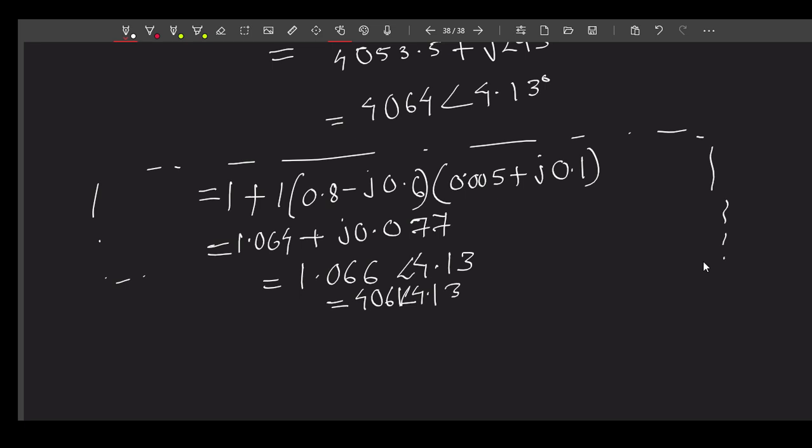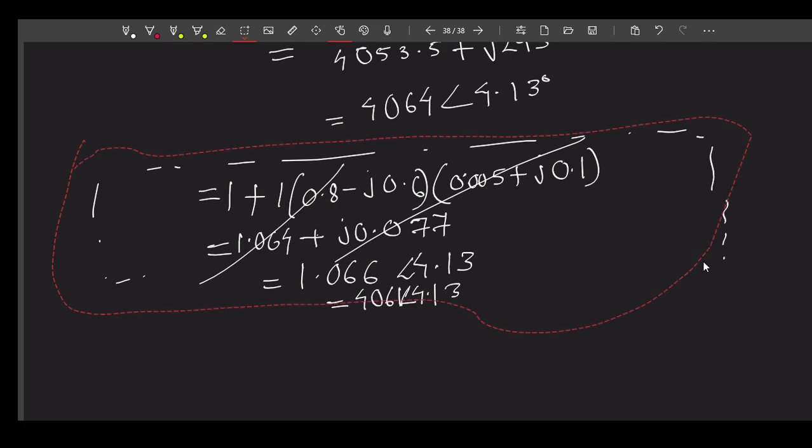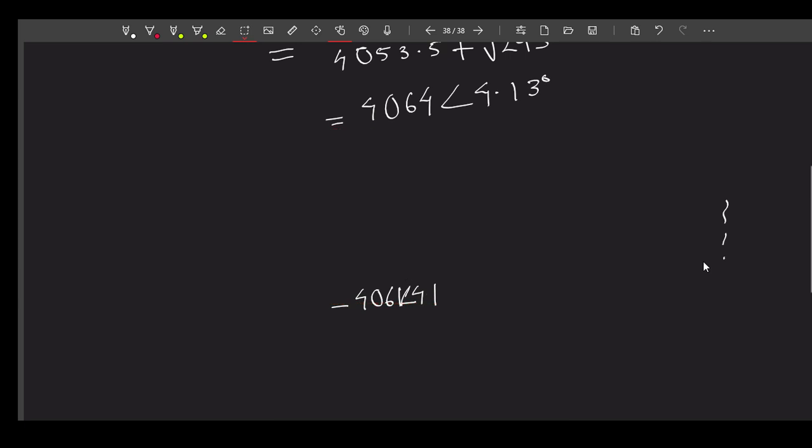Anyway, let us consider this actually. So if you consider this one, then what will be your line voltage?